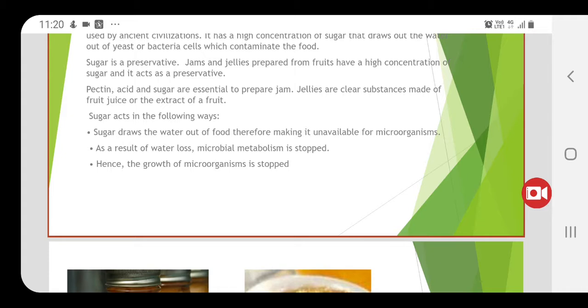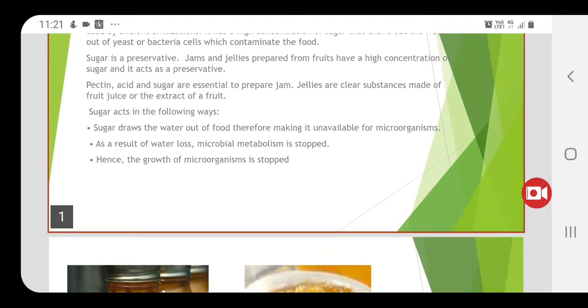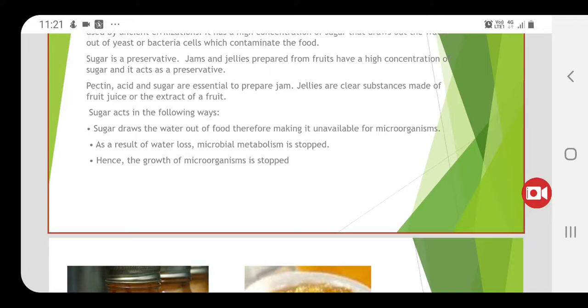Like that it will hinder the growth of the microbes, and we can preserve the food. As a result of water loss, the microbial metabolism is stopped. Hence the growth of microorganisms is stopped, and we can preserve that particular food for a longer period.